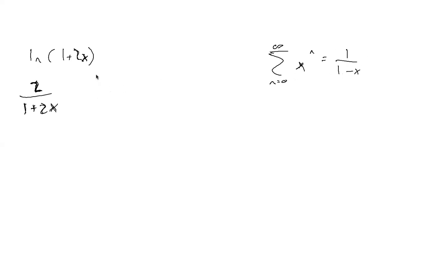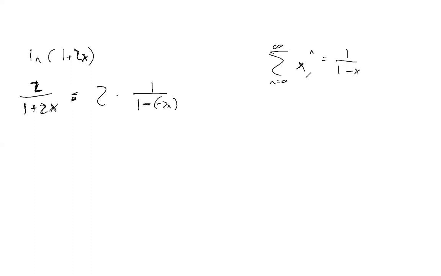Let's see, I got a 2 on top. That's a problem. So I'll pull the 2 out front and write this as 2 times 1 over 1, and then I want a minus sign here, right? And I got parentheses, so what goes in the parentheses? Negative 2x. Now, this term looks a lot like this.